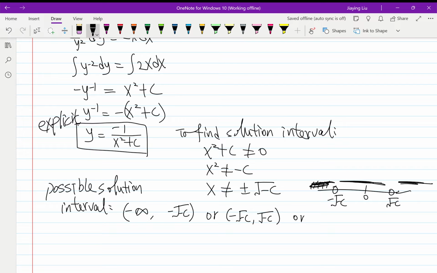Maybe the interval on the right, square root of negative c to positive infinity. So that's three intervals. One of them could be the solution interval for this function. We don't know which one, so we just list all of them. If we want to know exactly which interval it is, we have to know the initial condition, but we don't have the initial condition here.